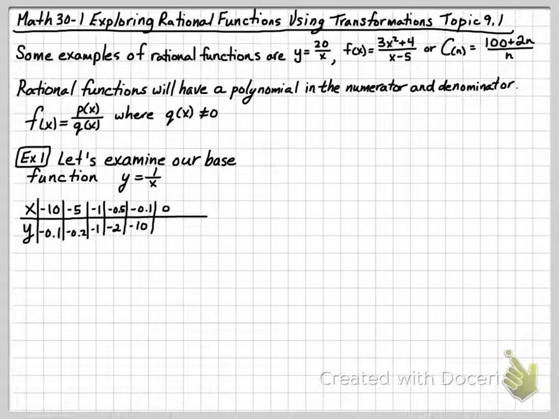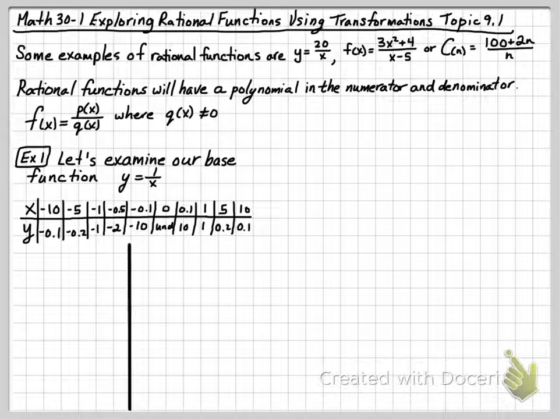And if we get to x is equal to 0, 1 over 0 is of course undefined. And now we're going to go the positive direction. When x is positive 0.1, 1 divided by 0.1 is 10. 1 over 1 is 1, 1 over 5 is 0.2, and 1 over 10 is 0.1.